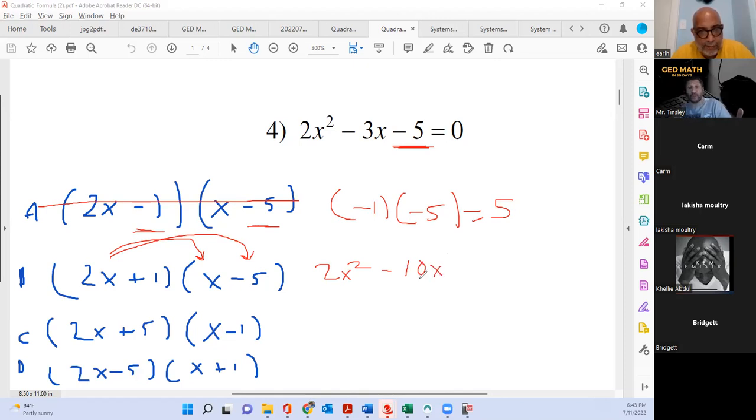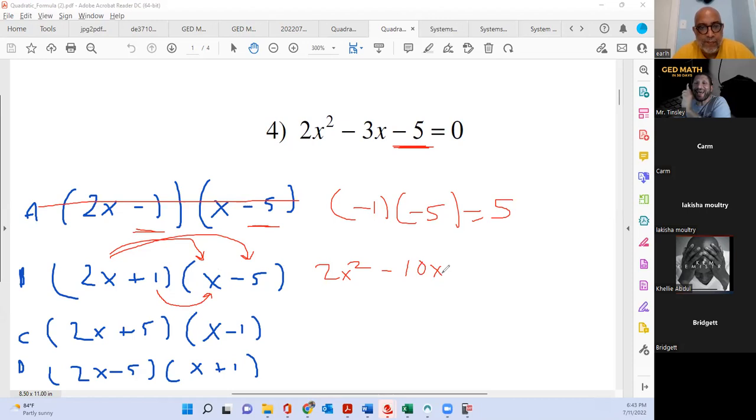Again, you must know your multiplication tables and you must know your signed numbers. 2 times -5 is -10. Bring the x along with you because there's no other x in that second term. Now we multiply 1 times everything. What is 1 times x? 1x squared.